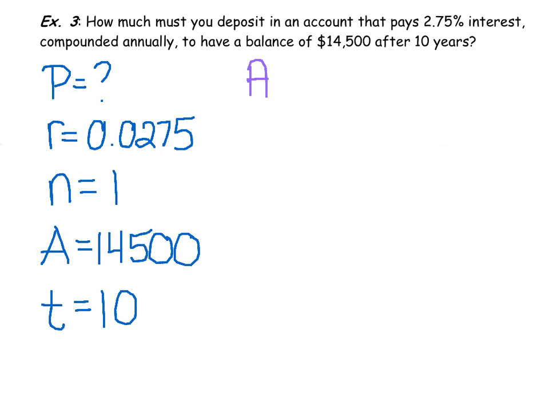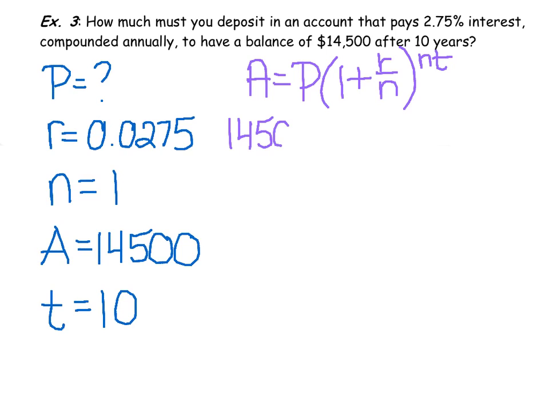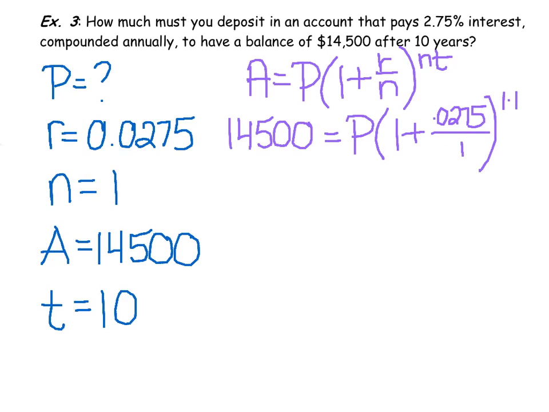A equals P times 1 plus R over N to the NT power. And let's start solving. We have 14,500 equals, we want to know what P is, 1 plus 0.0275 divided by 1 to the 1 times 10 power.